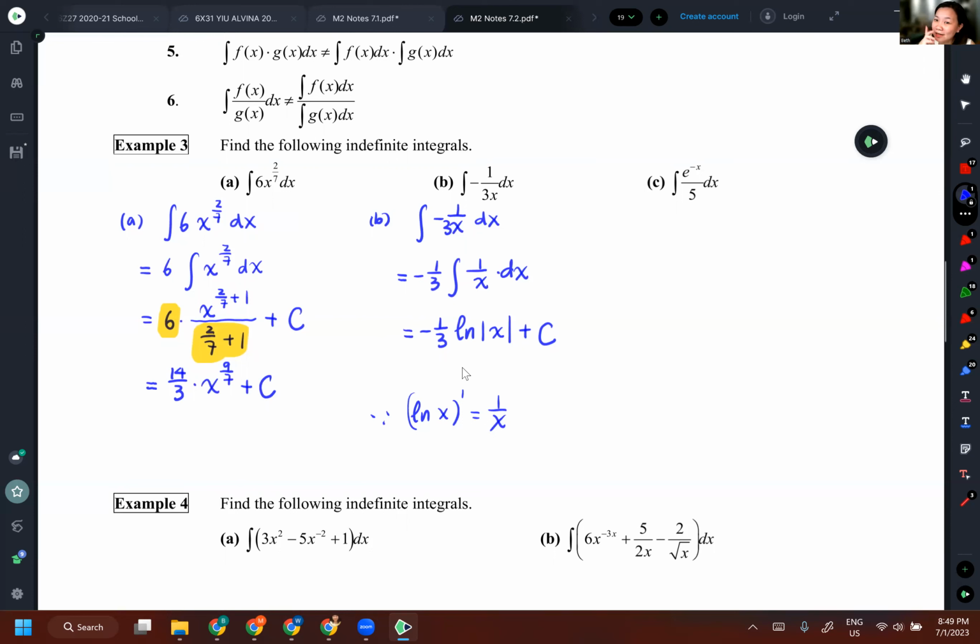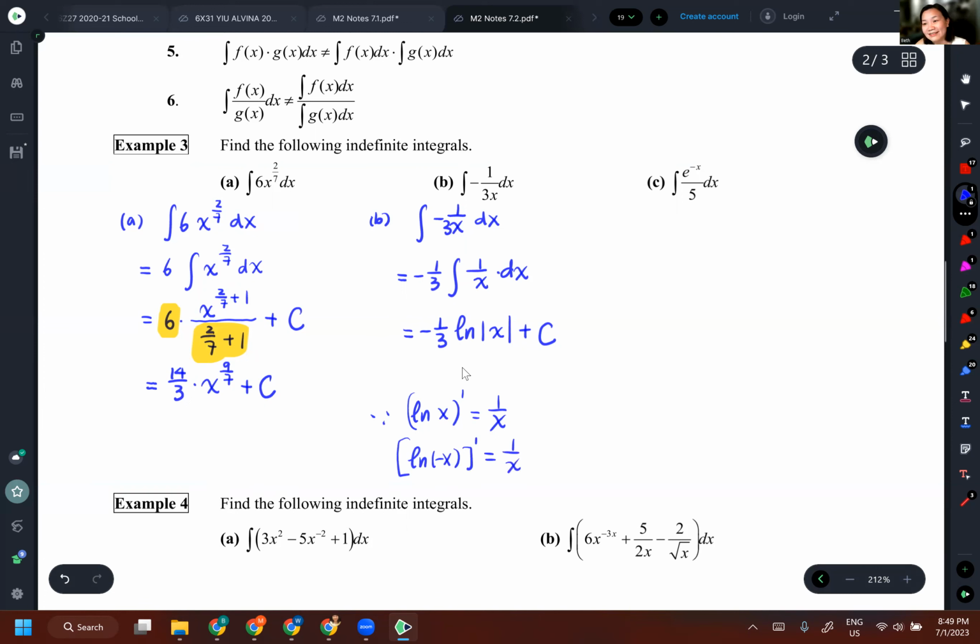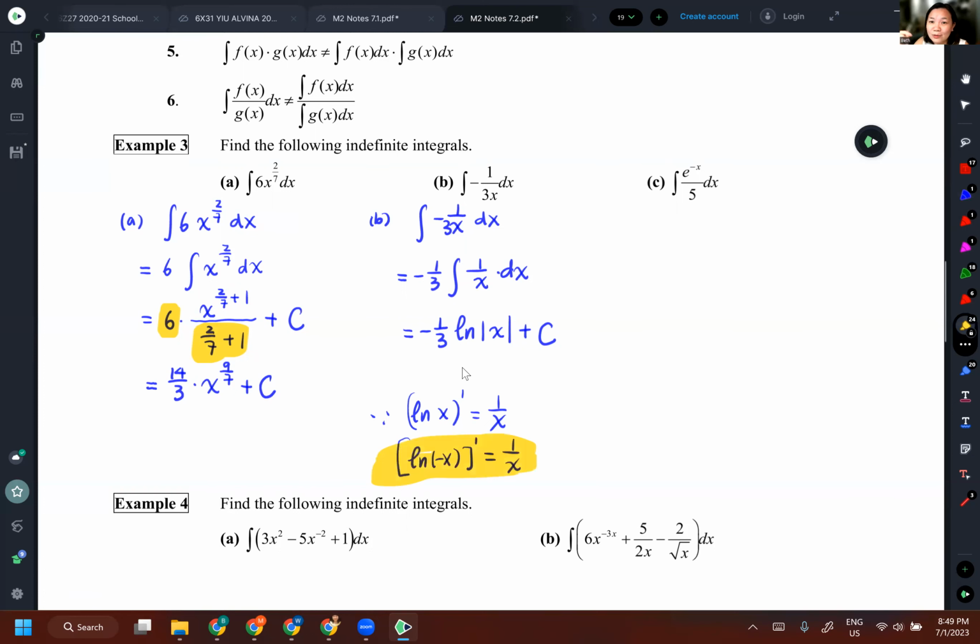But what you didn't learn in differentiation is that, do you know that the differentiation of log -x is also 1/x? That is something we didn't learn. Sometimes we do practice, but we never learn this differentiation.